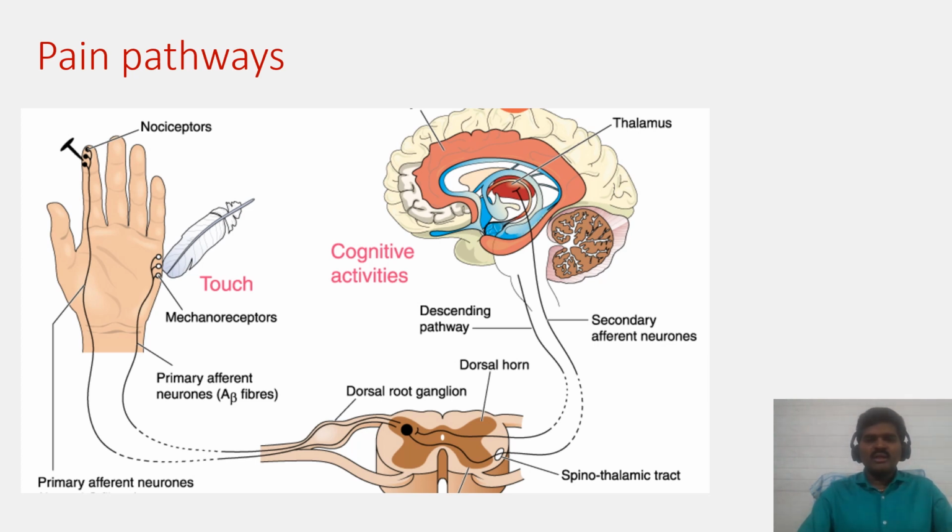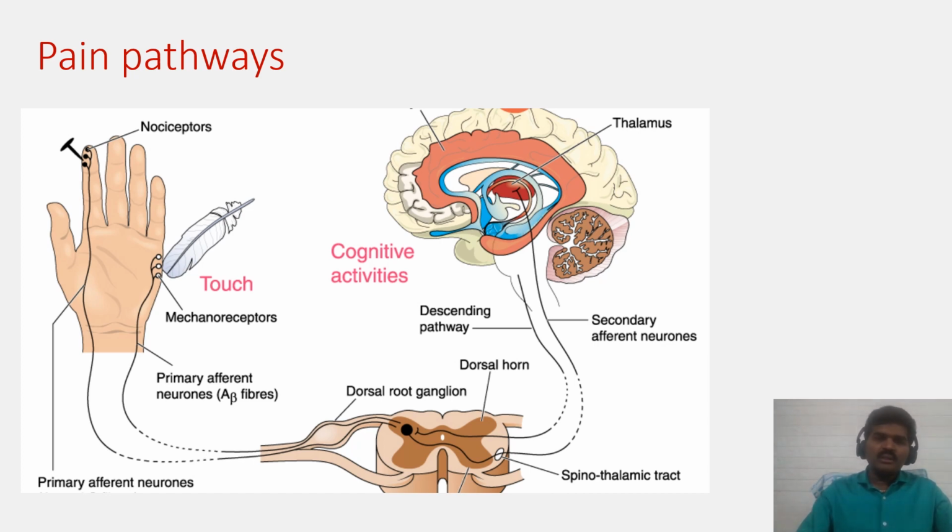The secondary afferent neurons transmit impulses from dorsal horn to the thalamus, which is the relaying center. From thalamus, the neurons go to the cortex, which modifies the pain sensation, the emotional part of pain sensation, there is suffering.